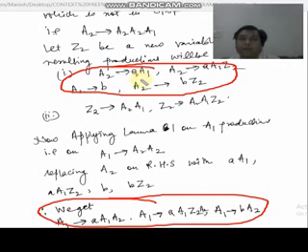So this is how we can convert the non-GNF production rules into the GNF by applying lemma 1 and lemma 2 accordingly.